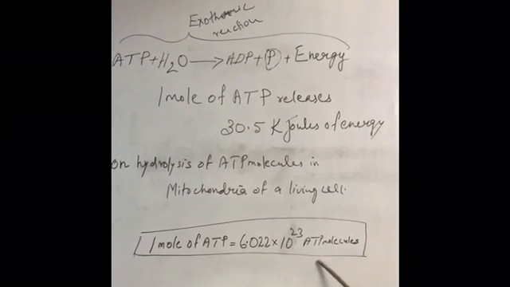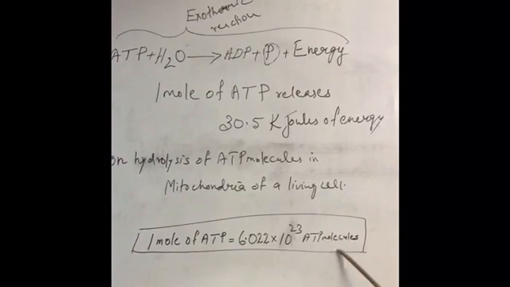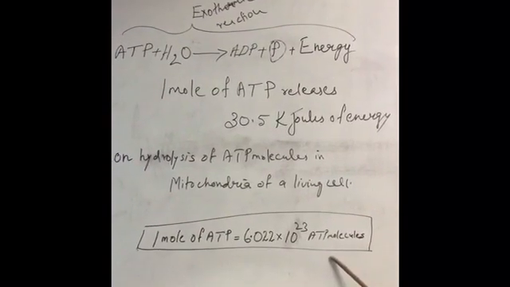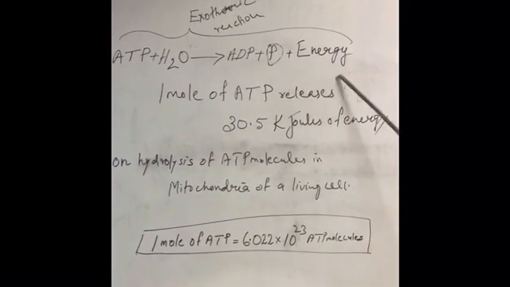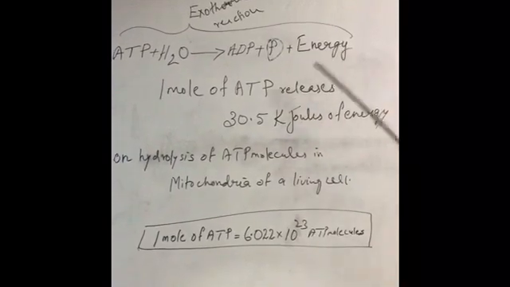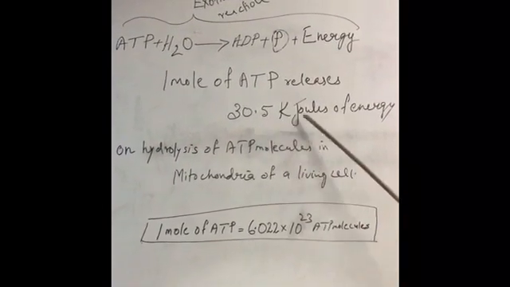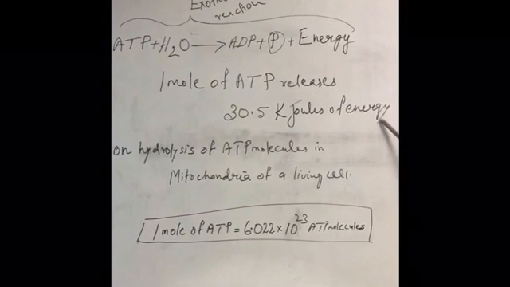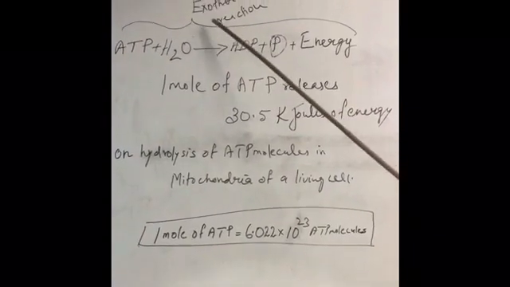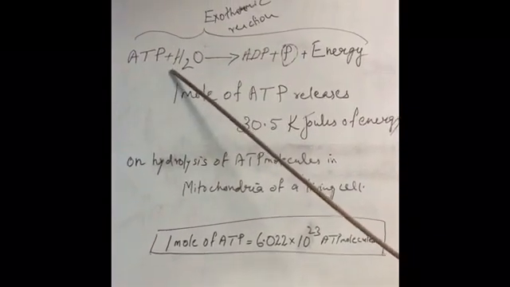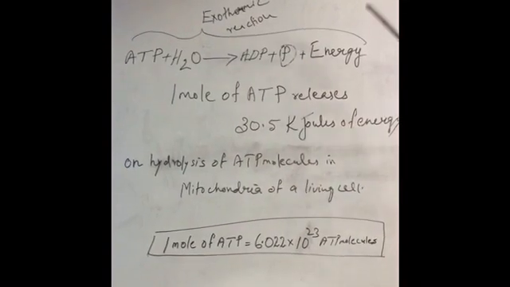You have already learned the mole concept in standard 9 chemistry. So 1 mole of ATP releases a huge amount of energy, that is 30.5 kilojoules. Thus hydrolysis of ATP in mitochondria releases energy.